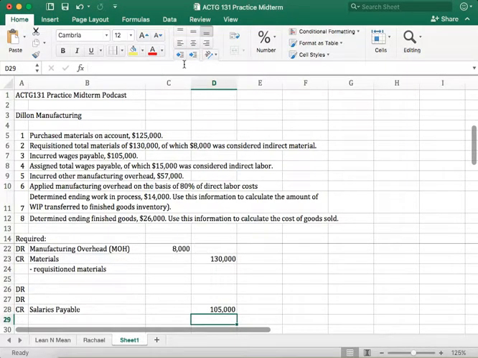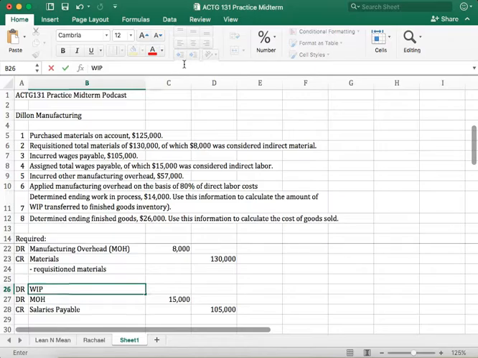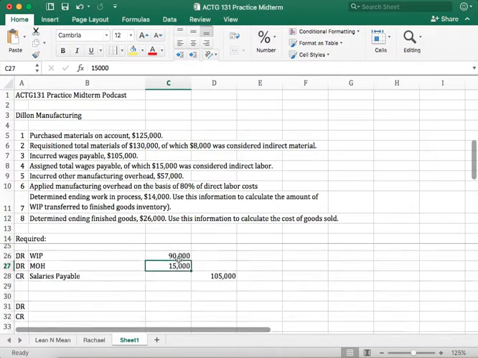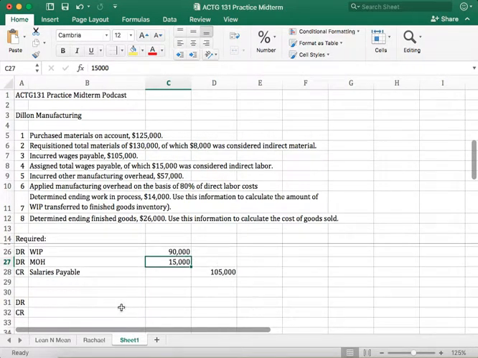And then in number 4, it says 15,000 was considered indirect labor. Well, indirect labor is manufacturing overhead, and the other debit goes to work in process. That's the direct labor. So we'll do a similar formula: 105 less 15 is 90.